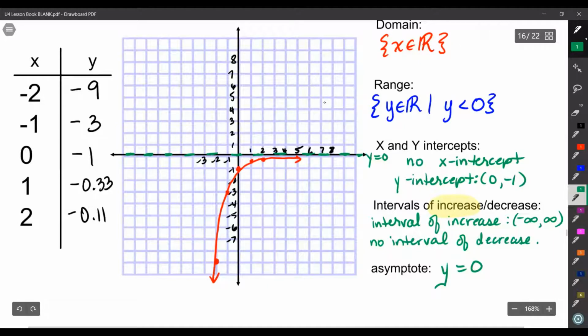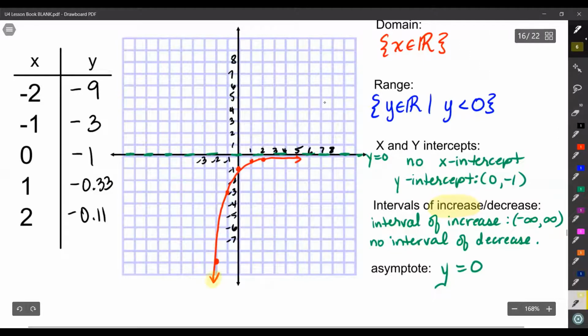Okay, so this will always be true for exponential functions. You will have one, either increase or decrease, that's going from -infinity to +infinity, depending on what's happening in your graph. And the other one you will not have an interval for because all of these graphs are either always increasing or always decreasing. How do you check again if it's increase or decrease?